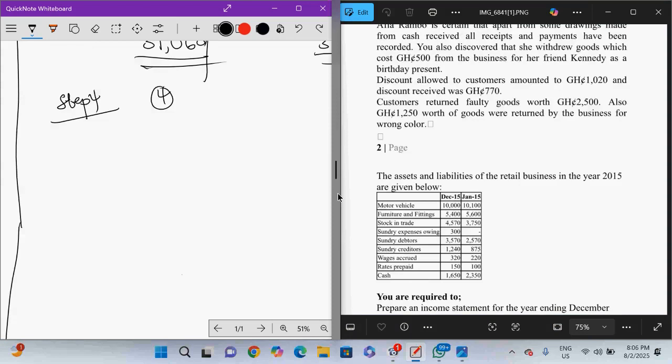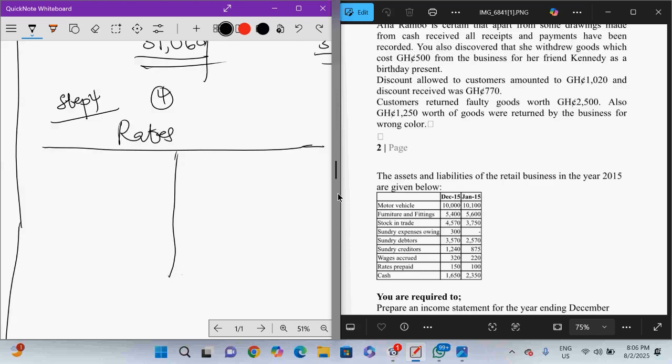What is the first one? So the rate. The rate is a prepaid, right? Prepayment means you have paid in advance. You are owing rate and you have paid it in advance. So that is an asset.